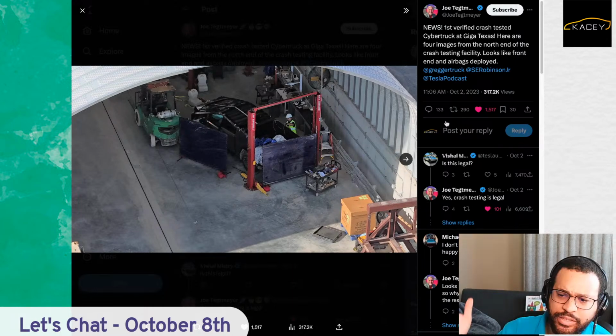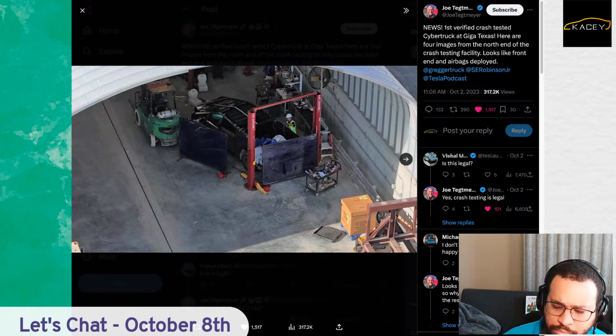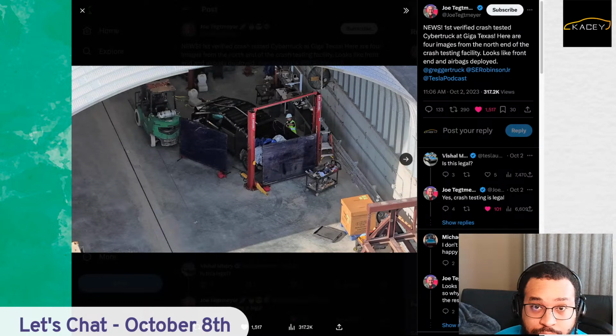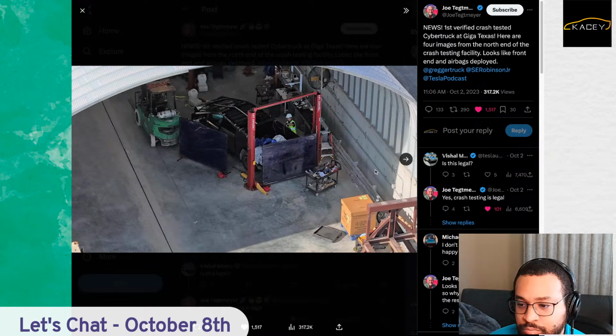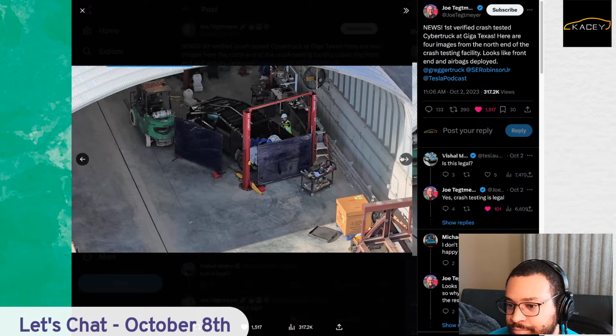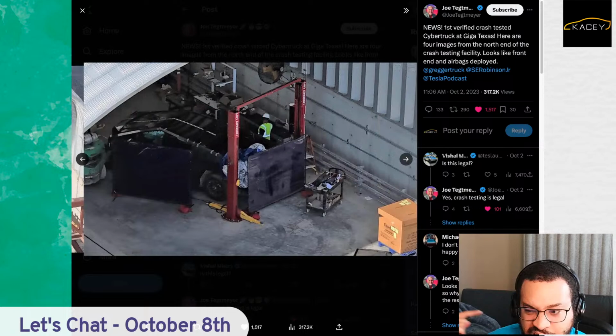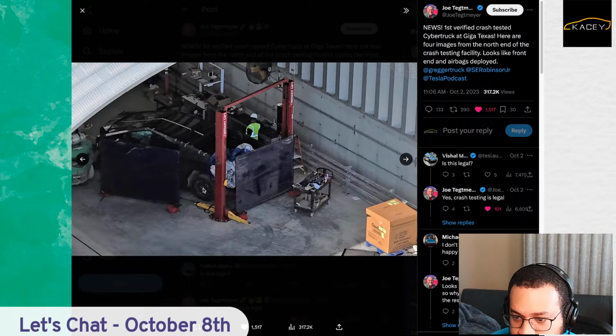So anyone saying that this is a tank, it's going to blow through everything, blah blah blah. Who would have thought that the company that's always advertising their safety would make a safe truck? I thought it. Here's another angle. We can see some of the measuring rigs. We can see the crash test slow-mo tape.